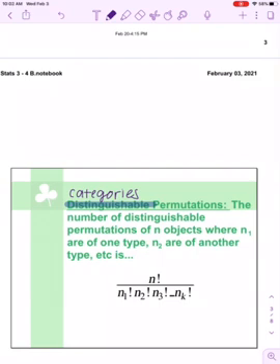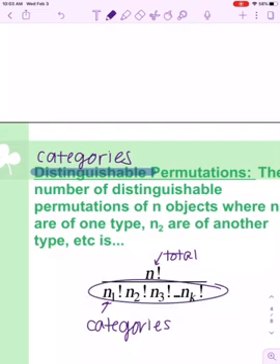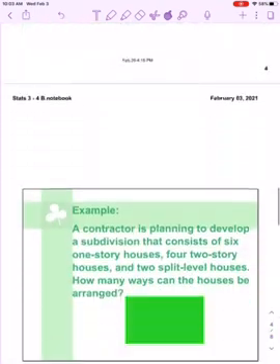The top number is how many total things you have, and then the bottom numbers are all of the different categories. So this is your total, and then these are all of your categories. If you've got 3 categories, then you would stop after 3. If you have 12, then you would keep going. However many things you have down at the bottom are how many different categories you have.